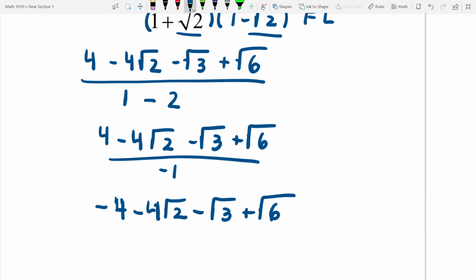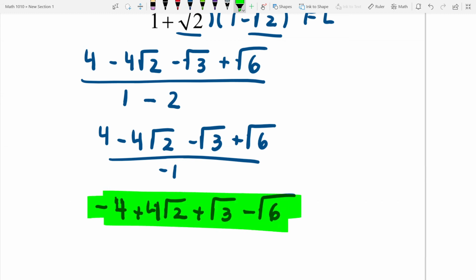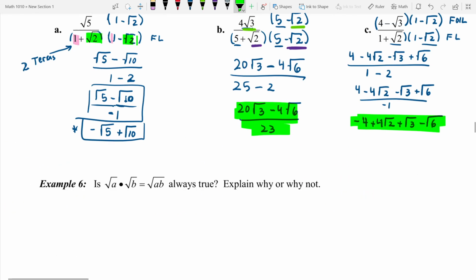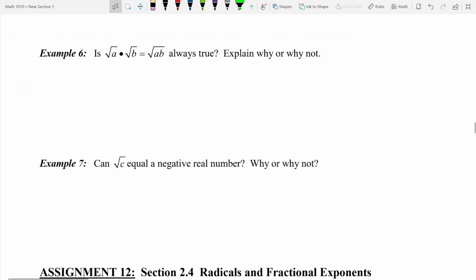Change all the signs. So the 4 square root of 2 is a positive, the square root of 3 is a negative, and that square root of 6 right there is a negative. So we have to change all the signs. Either one of those is acceptable. The bottom one is better. Okay? All right. 6 and 7 and we're done.